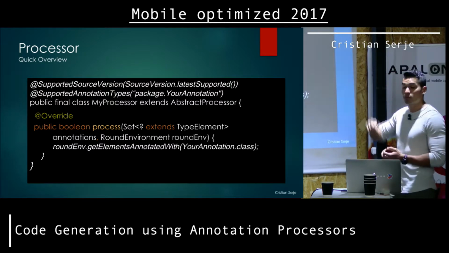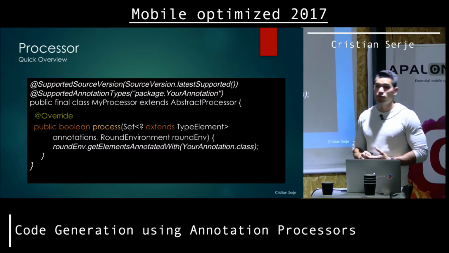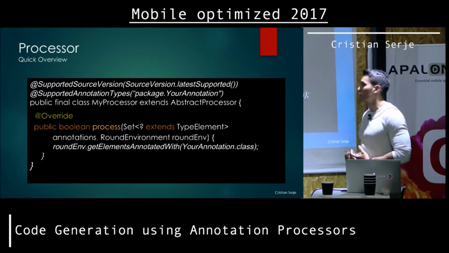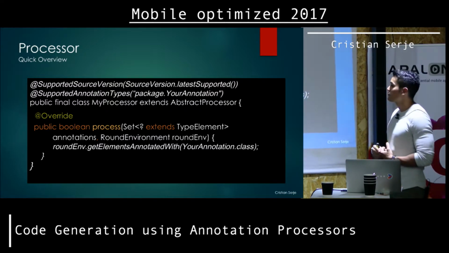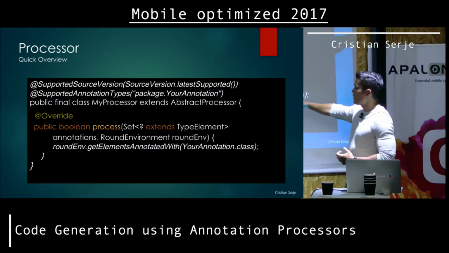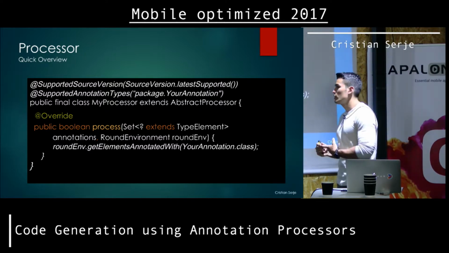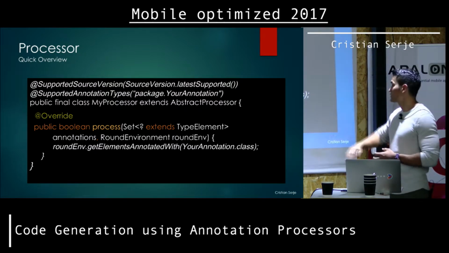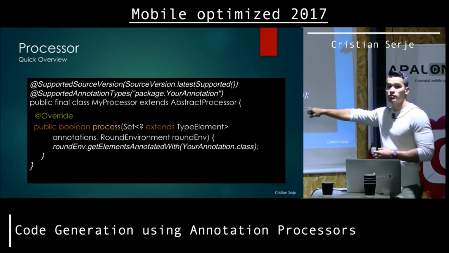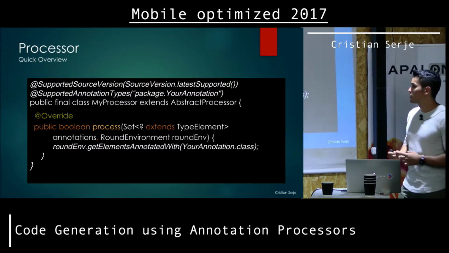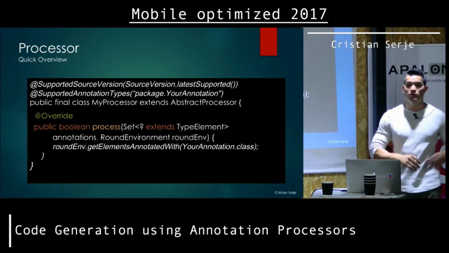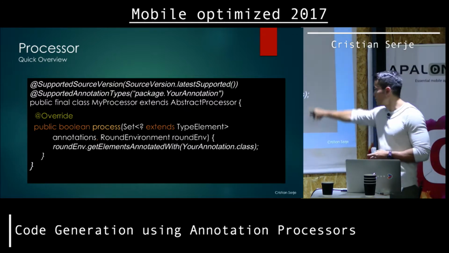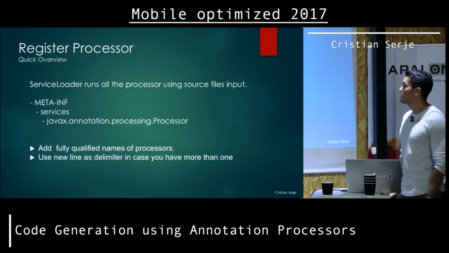In this, you always have to write your fully qualified name: the package, and then your annotation. And the process method, like I mentioned before, lets me get all of the elements that represent classes that have this annotation. So getElementsAnnotatedWith is going to return me a collection of elements that have this annotation, right?